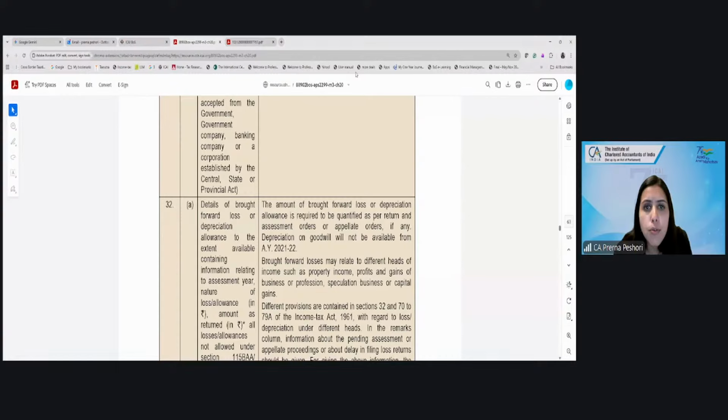So here what you need to report is basically the nature of the loss or allowance and what is that you have claimed in your return or in the assessment. What are the losses not allowed under 115BAA, BAC, BAD, BAE, those sections, right? And additional depreciation, which is withdrawn, right, on account of the taxation under these concessional tax regime. So basically, you need to report it like that. Okay.